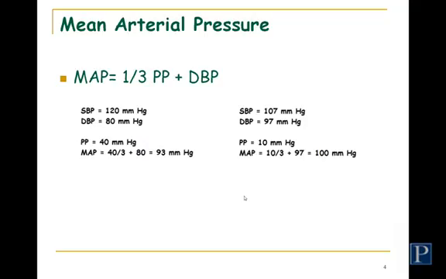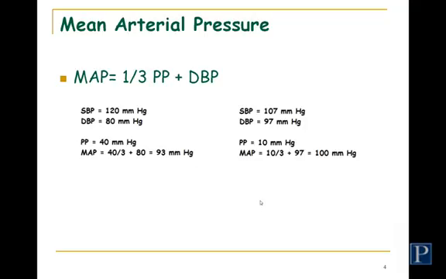But you can't do this for mean arterial pressure because we spend about 2/3 of the cardiac cycle under resting conditions in diastole. So mean arterial pressure is always closer to the diastolic pressure. That's why you see this equation written like this. So don't just take the systolic, diastolic, add them together and divide by 2. That's not the way to do it. You have to take 1/3 of the pulse pressure plus diastolic because mean arterial pressure is a little bit closer to the diastolic than it is to the systolic blood pressure.